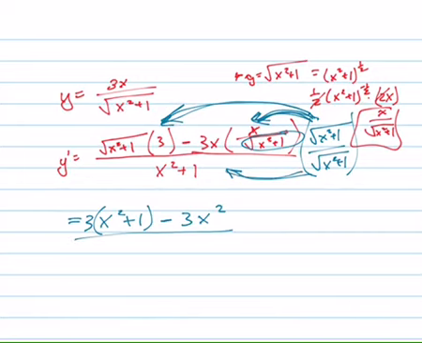And then when I multiply it in here on the bottom, remember that's x squared plus 1 to the first, and this is like x squared plus 1 to the 1/2 power. So I add the two exponents together and I get x squared plus 1 to the 3/2 power.